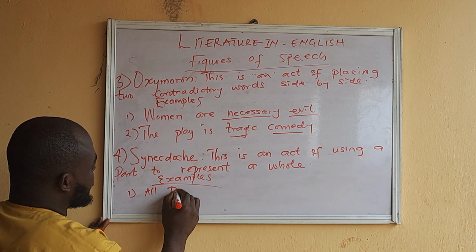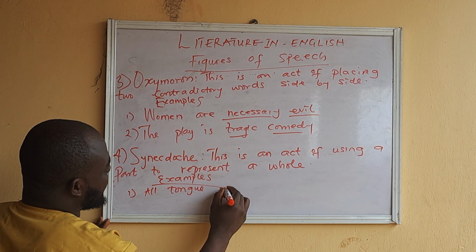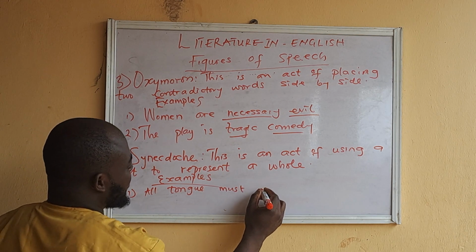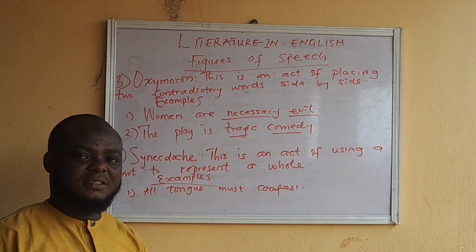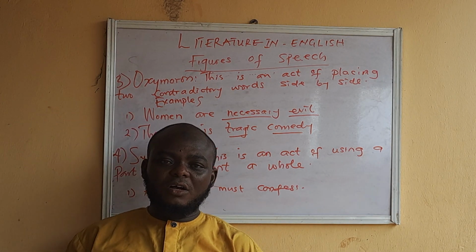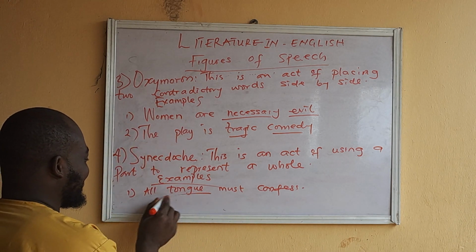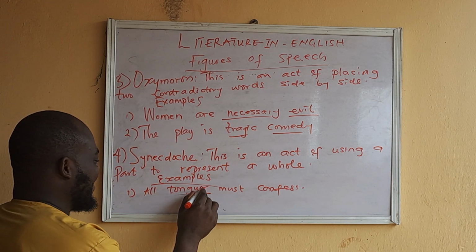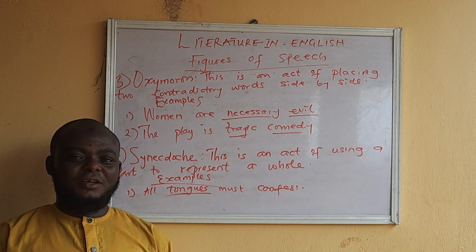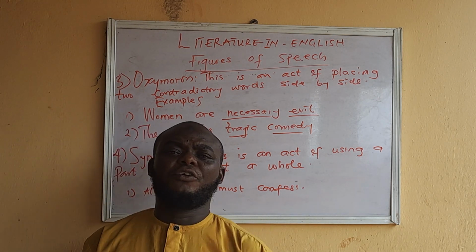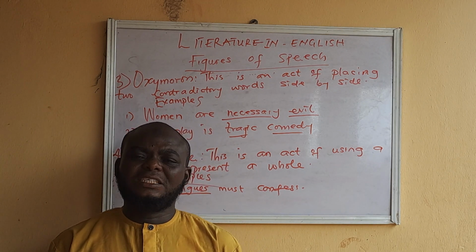All tongue must confess. Look at it. All tongue must confess. The tongue here does not mean a normal tongue. We are using this tongue because it is part of human being. Tongue is part of human being attributes.